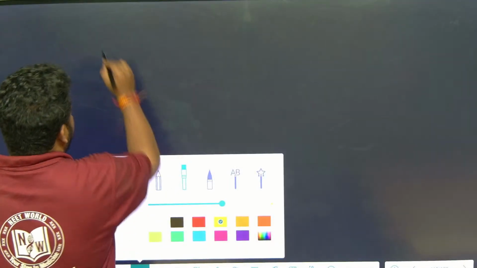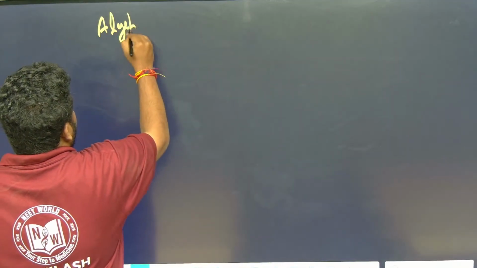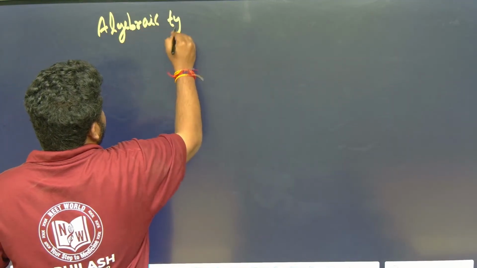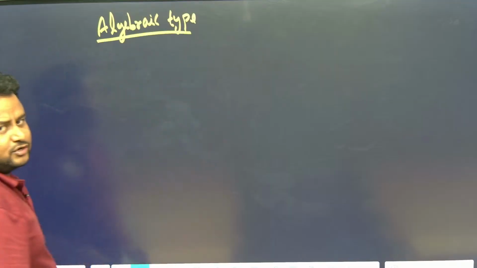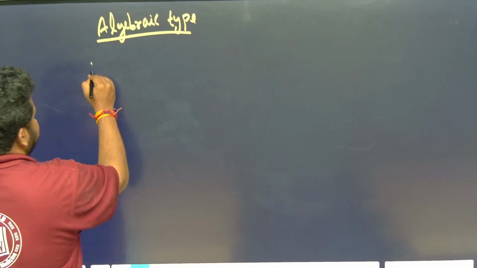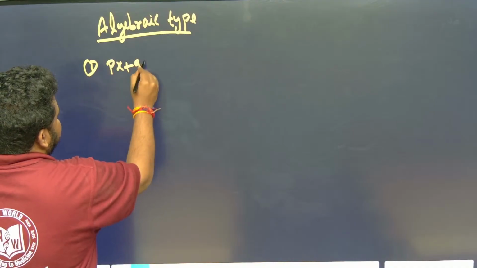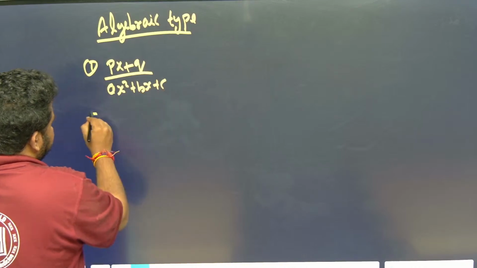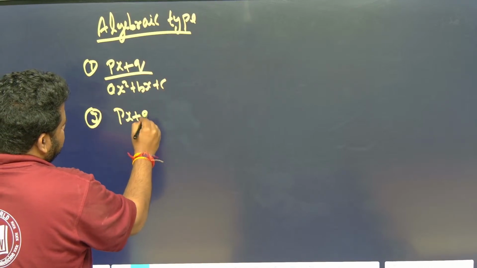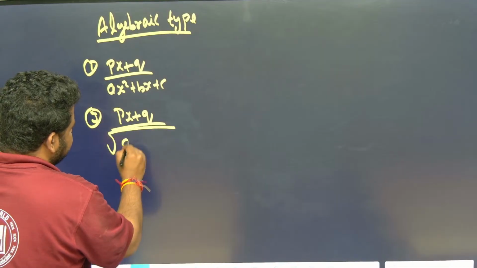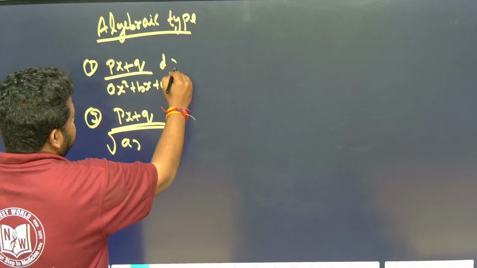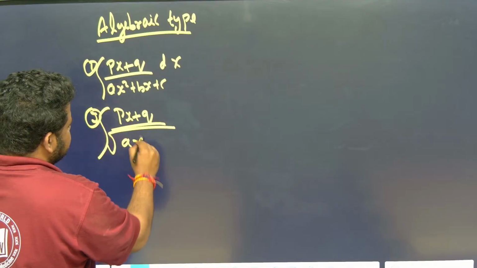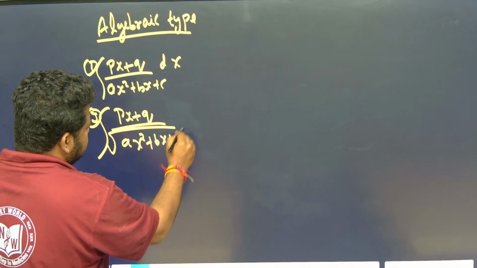So see here, there are mainly 3 types of integration on algebraic type. First is like this: px plus q divided by ax square plus bx plus c, dx. Next, px plus q divided by square root of ax square plus bx plus c, dx.